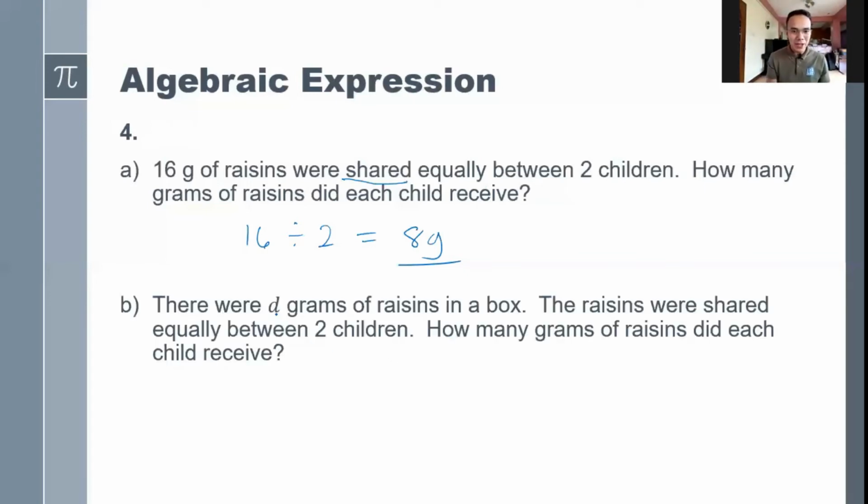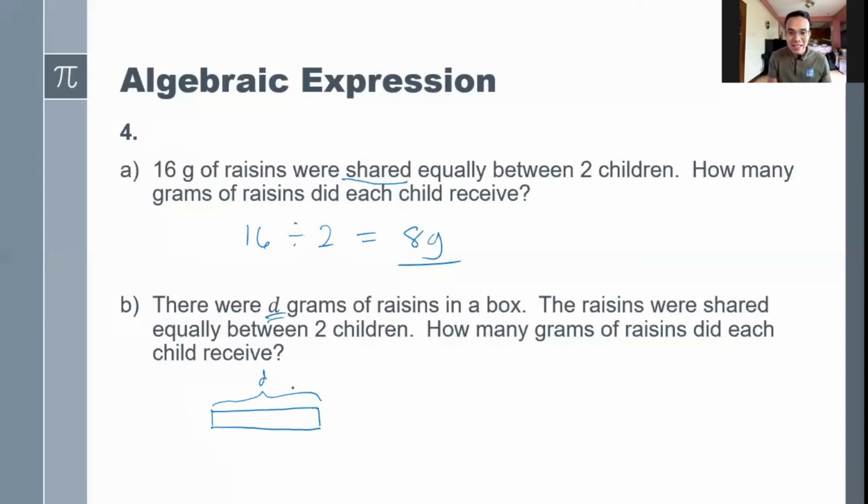Letter B. Here we go again. There's another variable. It's variable D. There were D grams of raisins in a box. The raisins were shared equally between 2 children. How many grams of raisins did each child receive? So at the beginning, we have D grams of raisins. So this whole bar is D grams.